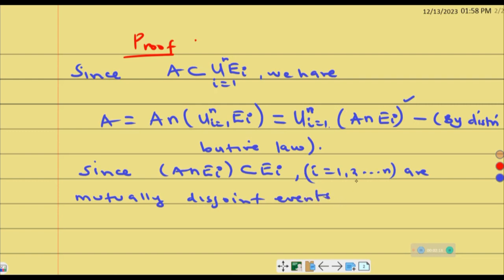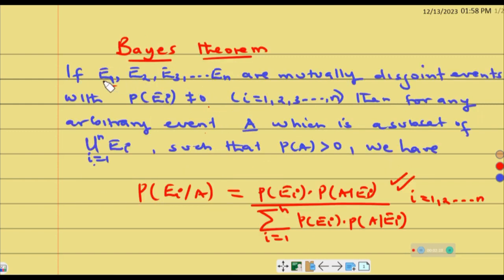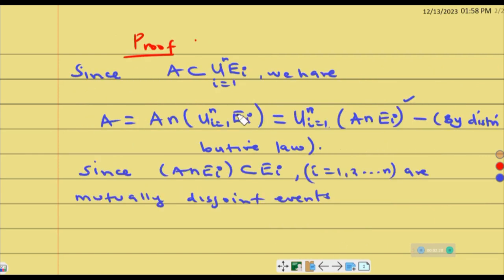Remember that we were considering E1, E2, E3 up to En, which are mutually disjoint events. Now, since A intersection Ei is a subset of Ei, which are mutually disjoint events, then automatically it makes the A intersection Ei's also mutually disjoint events. So that's why we are able to consider this here.